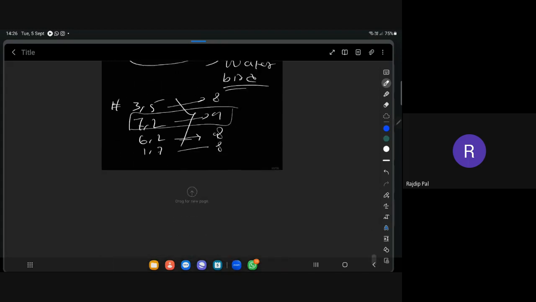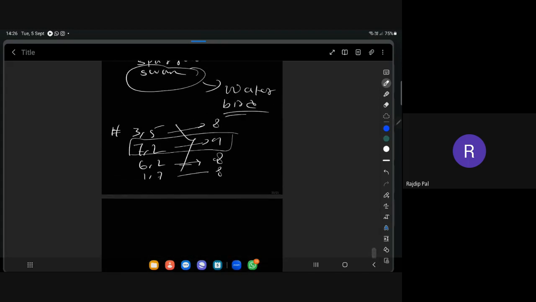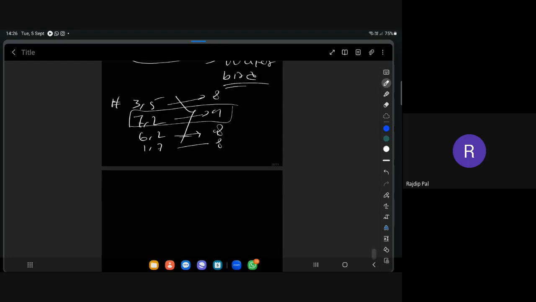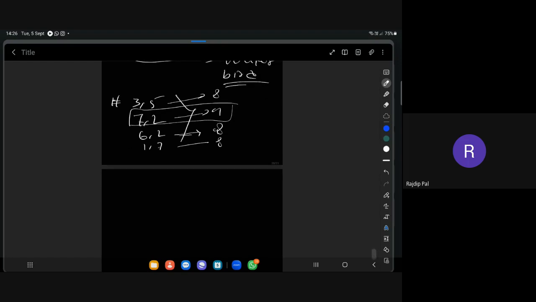Another answer may be, if you follow your procedure, if both the numbers are divisible by 2, then 6 and 2 will come. So these are the two procedures, and they give different answers. So no issue. According to me, it is giving you 7 and 2, and according to your procedure, it is giving you 6 and 2. So no issue.